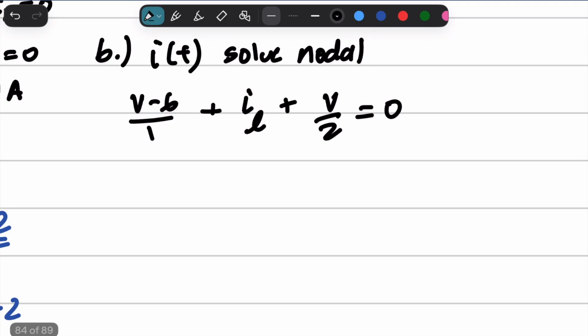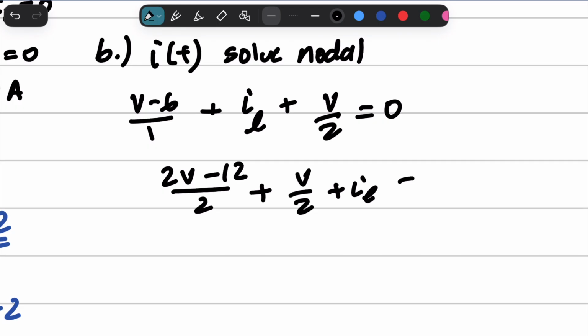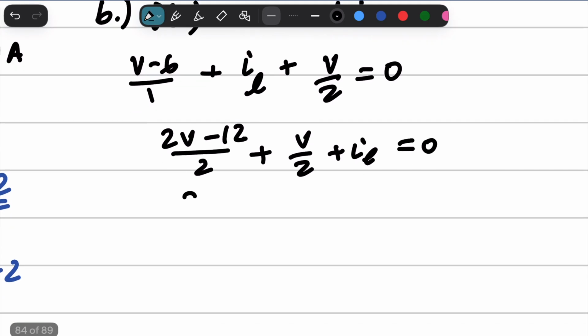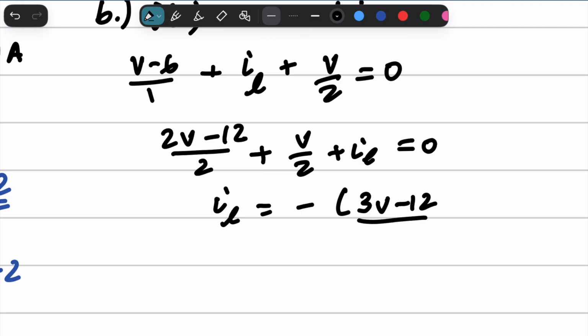And we're going to go ahead and just simply solve for IL. We're going to get 2V minus 12 over 2 plus V over 2 plus IL is equal to 0. 3V, we're going to get IL is equal to negative 3V minus 12 over 2.